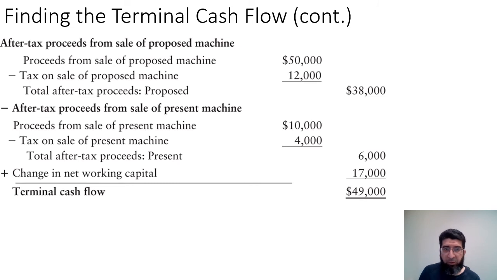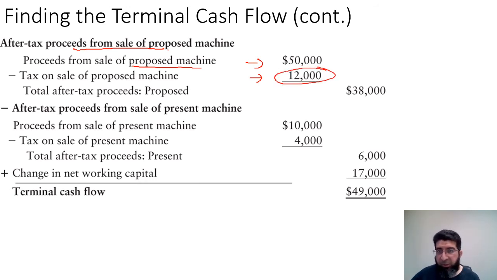Let's look at the same question in the terminal cash flow format. So we have after tax proceeds from the sale of proposed machine. First we'll look into this. We have proceeds from sale of proposed machine, which is $50,000, and tax on sale of proposed machine is $12,000. Now, how we calculated this at 40% rate.